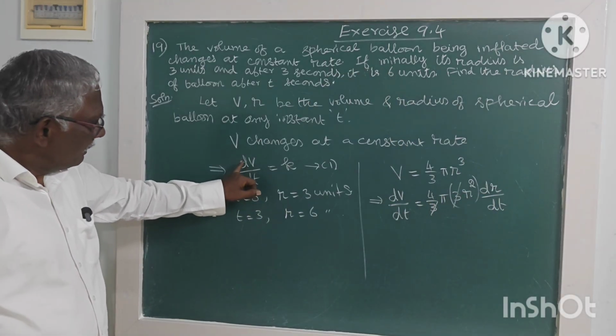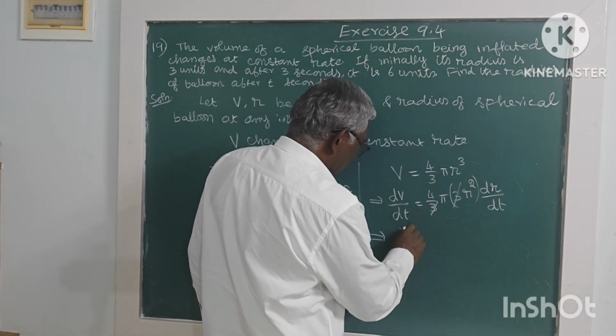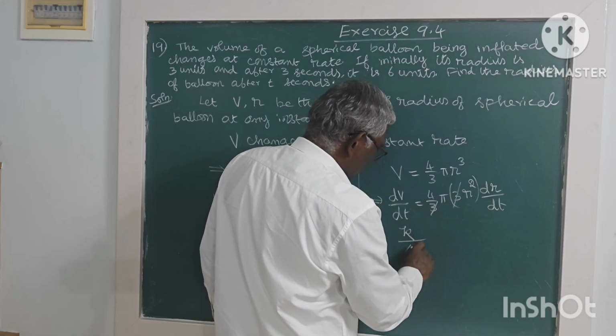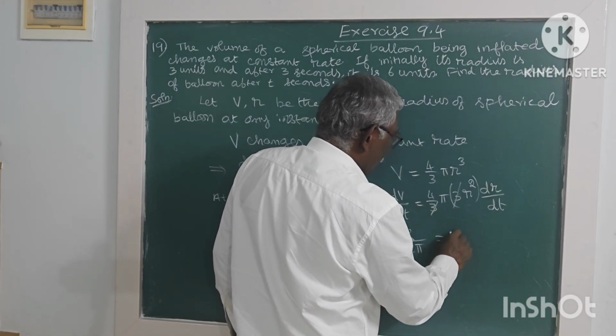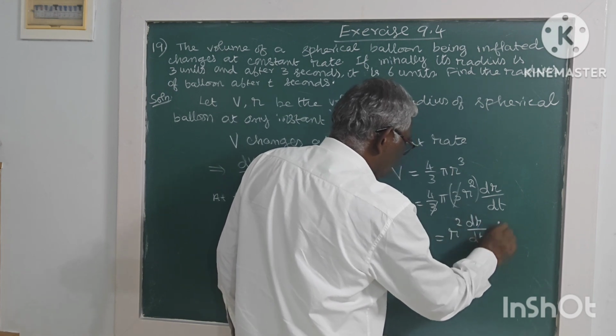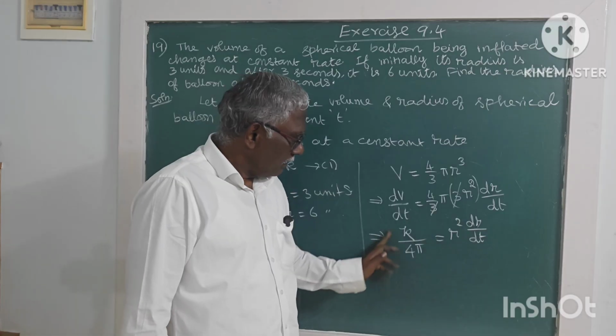We know that dV by dt is constant k. So this gives k by 4 pi is equal to r square dr by dt. k is constant, 4 pi is constant.